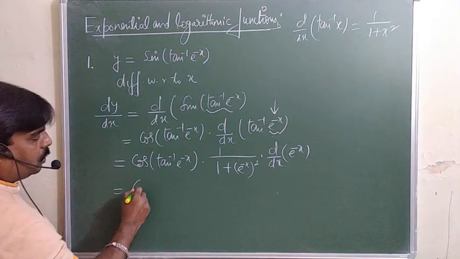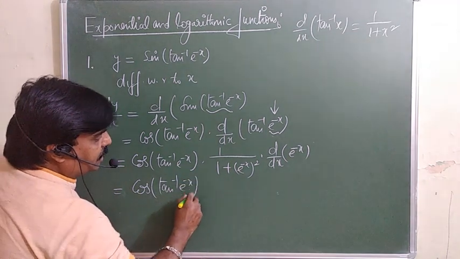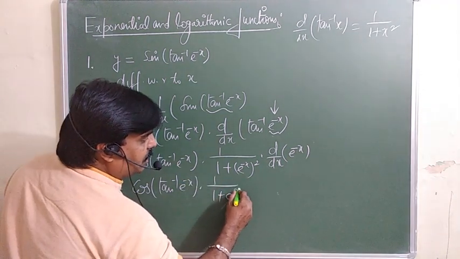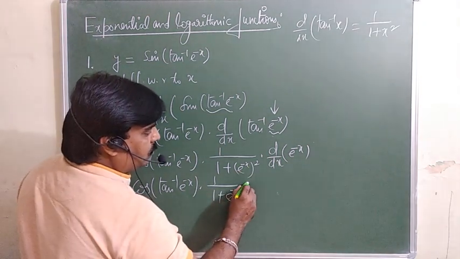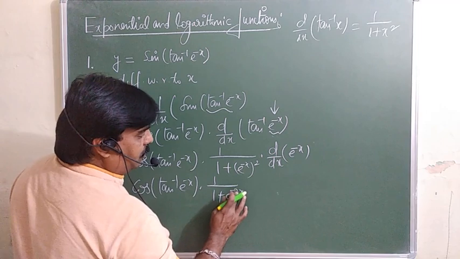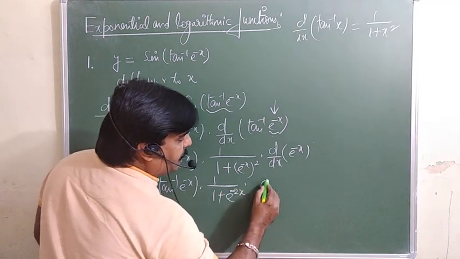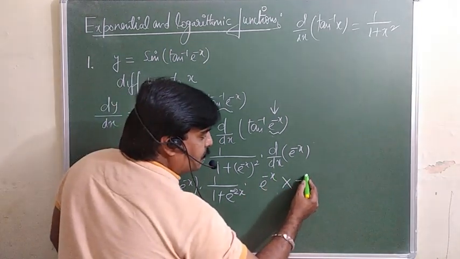So this is equal to cos(tan inverse e raised to power minus x) into 1 over 1 plus e raised to power minus 2x, into the derivative of this one: e raised to power minus x, whose derivative is e raised to power minus x, then again the derivative of minus x, that is minus 1.